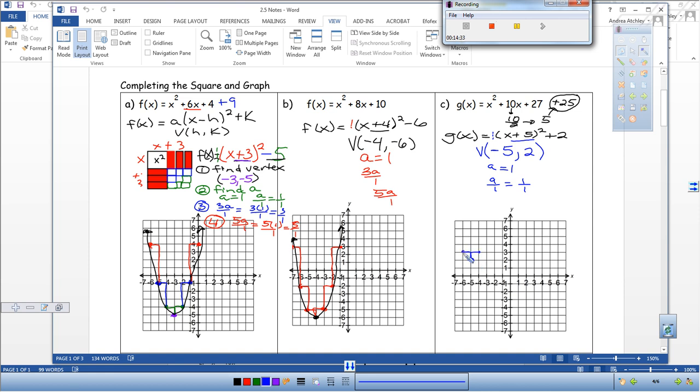Up 1, left 1. Then 3A over 1 is just going to be 3 over 1. So up 1, 2, 3, and over 1. Up 1, 2, 3, and over 1. I can't do 5 because I can't go up any further, so we're all done. Any questions over that? Okay, you guys do the next one on your own.